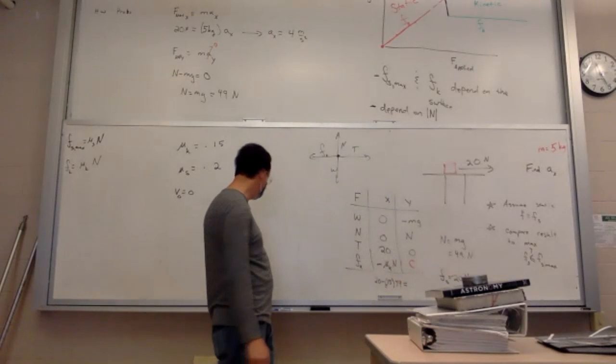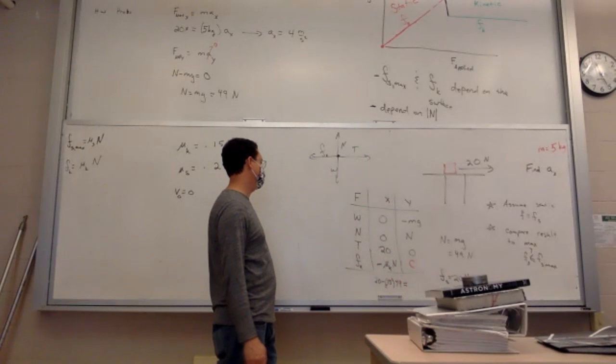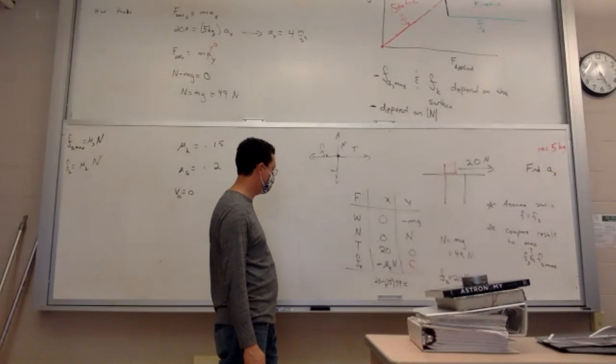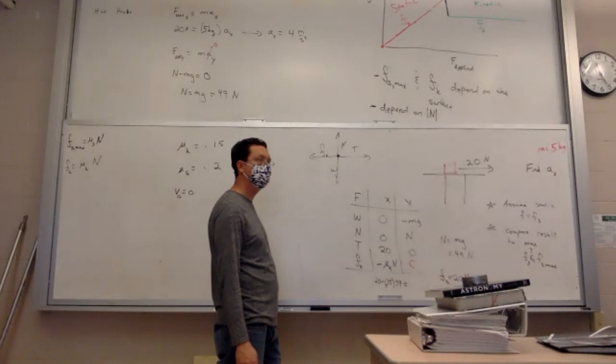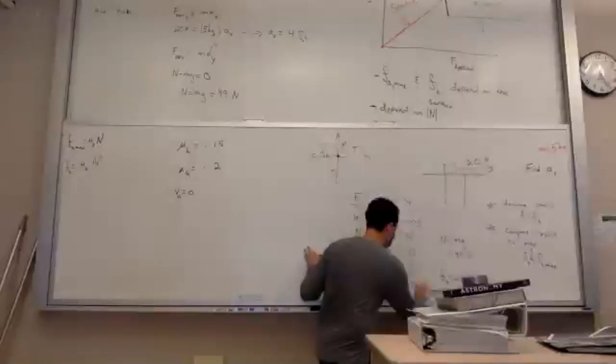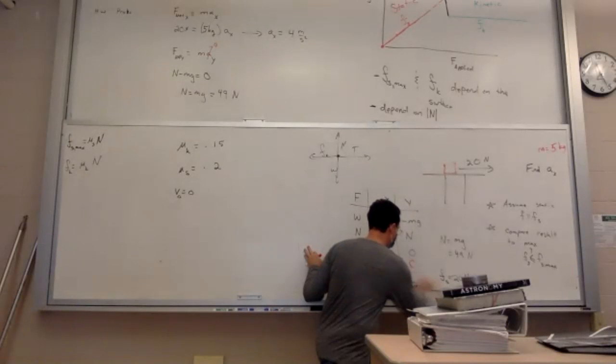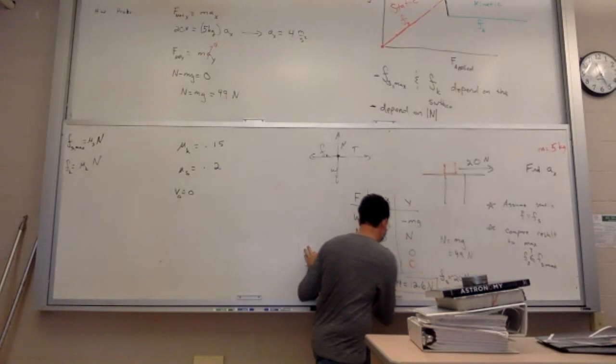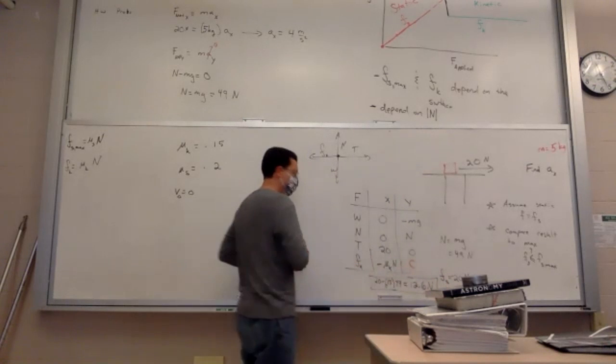20 minus 0.15 times 49. Oh, so it's 7.5. So it's going to be 12.5. That's about right. 12.6. Okay.